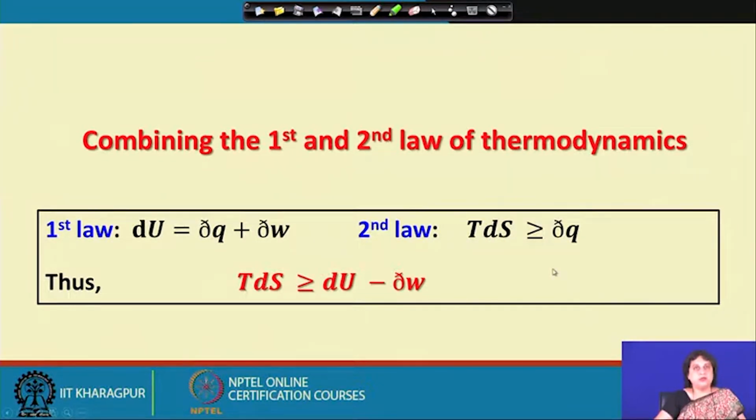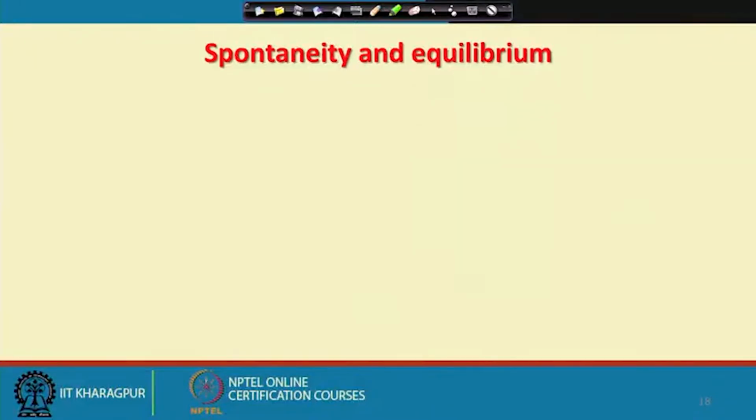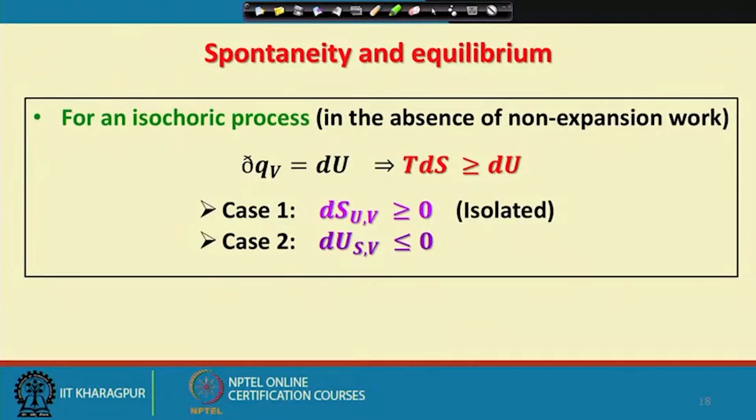So, combining the two of them, what we get is TdS greater than or equal to dU minus dw, and that tells us that this combination can be used not only to describe isolated systems, but also in the spontaneity and equilibrium conditions in non-isolated systems as well.